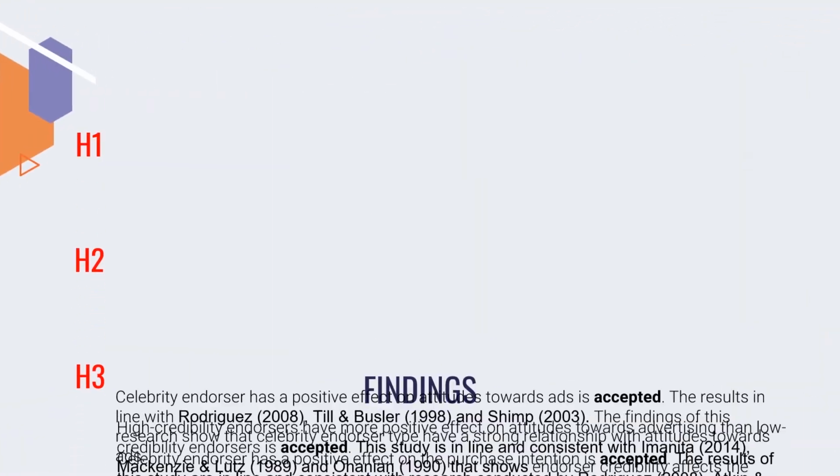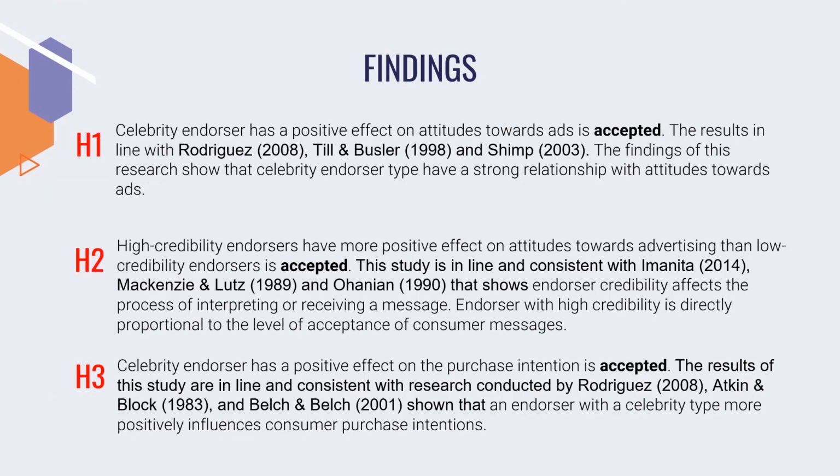Findings. Hypothesis 1. Celebrity endorser has a positive effect on attitude towards ad is accepted. The result is in line with Rodriguez 2008, Till and Busler 1998, and Sim 2003. The finding of this research shows that celebrity endorser type has a strong relationship with attitude towards ad. Hypothesis 2. High credibility endorser has a more positive effect on attitude towards advertising than low credibility endorser is accepted.